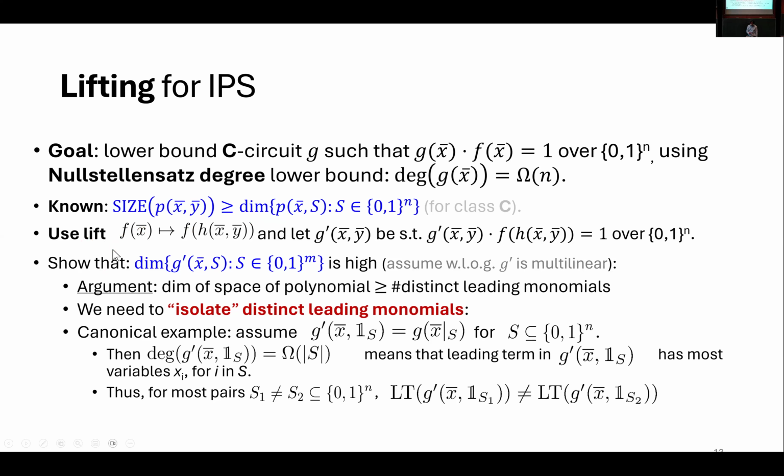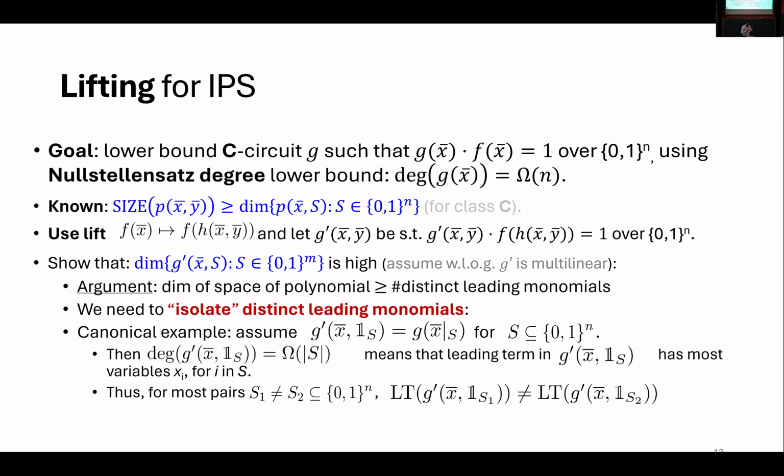Now, what is the lift? The lift here, well, I hope maybe here I also made some slight abbreviation which are not very accurate. So I take F and I lift it by changing the variables. Here I just wrote it like H, right? So H of X, Y is now the lift applied to each variable.